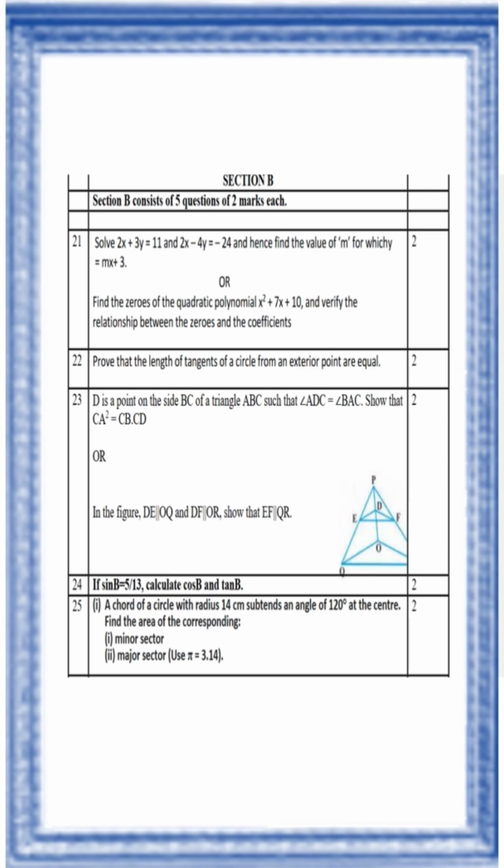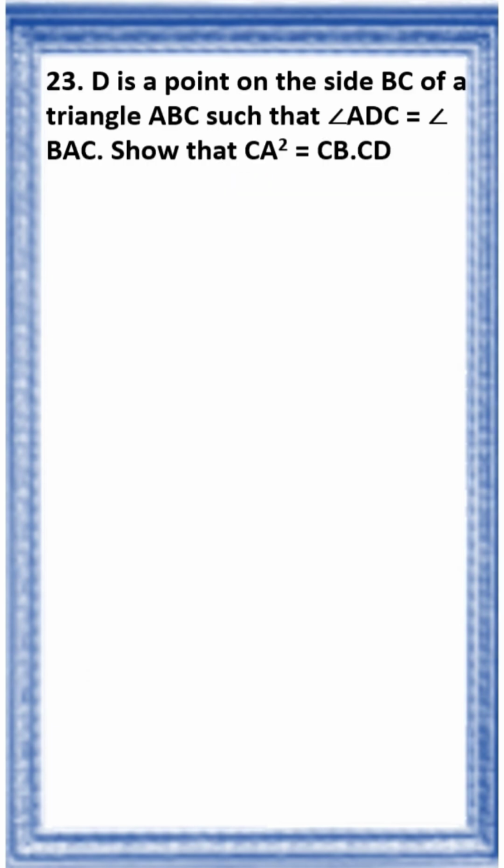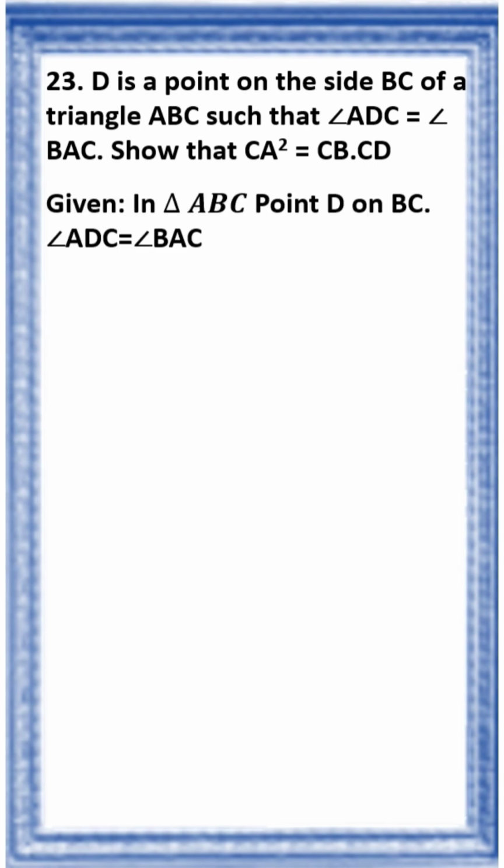Now let us solve the question number 23, that is, D is a point on the side BC of a triangle ABC such that angle ADC is equal to angle BAC. Show that CA square is equal to CB into CD. What has been given?